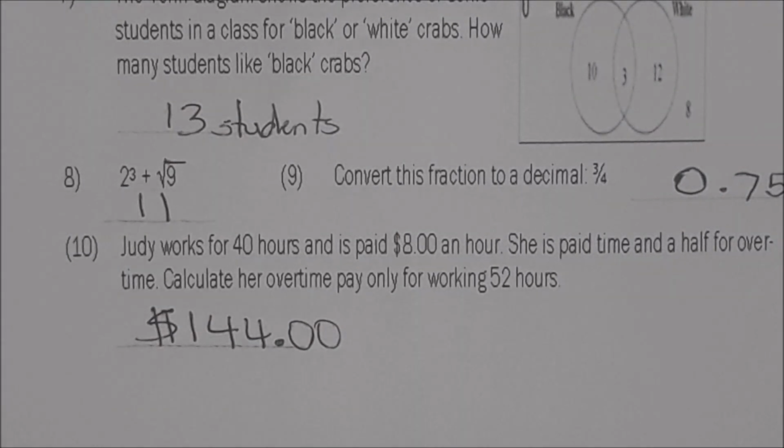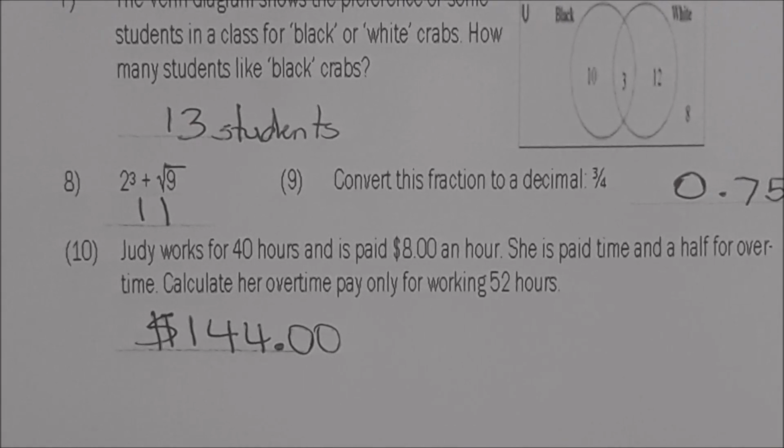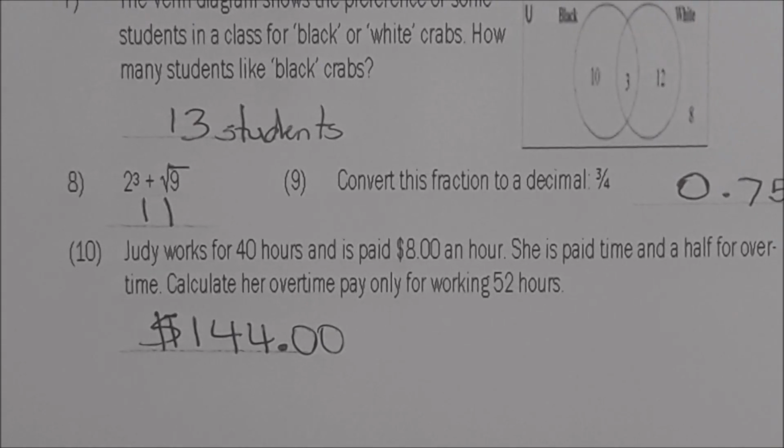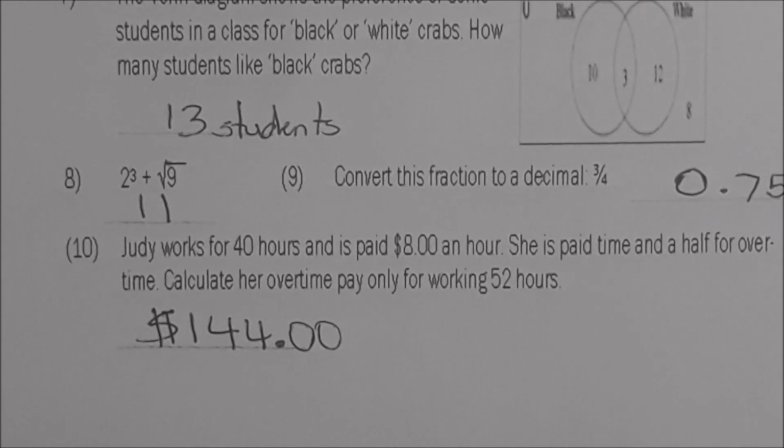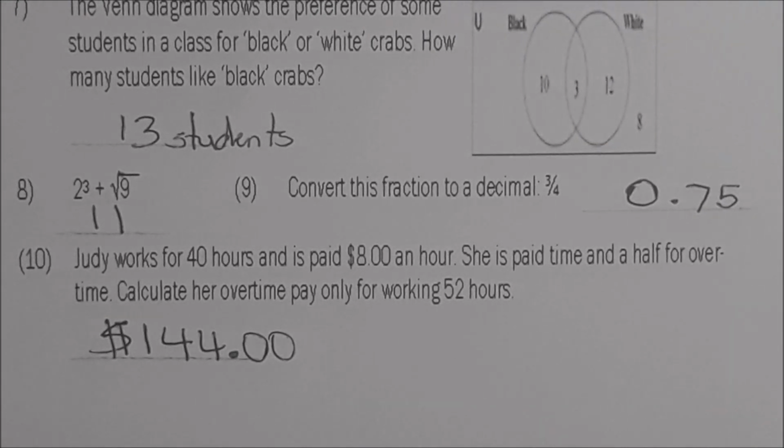Very good. Okay, so we had several things to do there. First, you have to figure out the regular hours is 40. Figure out the overtime hours. If she worked for 52 hours, then it was 12 hours overtime. And once you find the overtime hours, you need to find the overtime pay. If she is paid time and a half, time is $8. That's how much she's paid an hour.